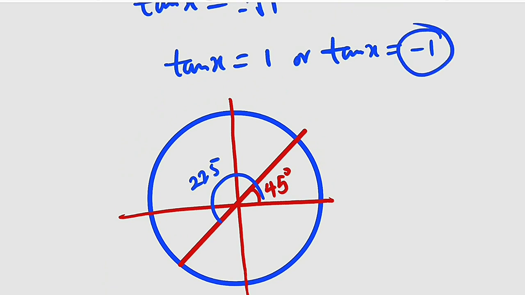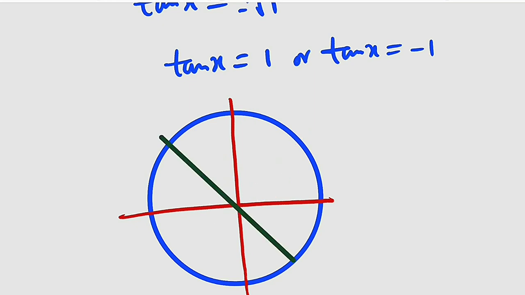So what about the second one? Where do we have tangent x to be negative? In the second and the fourth quadrant. So how can we obtain this angle? Remember, initially we got 45 here. Once you subtract 45 from 180, it is going to give you the other angle in the second quadrant. 180 minus 45 will give us 135. Hence, this angle right here is 135. And if you want to get this angle, you add 180 because this is a diameter, right? Add 180 to this, it will give us 315.